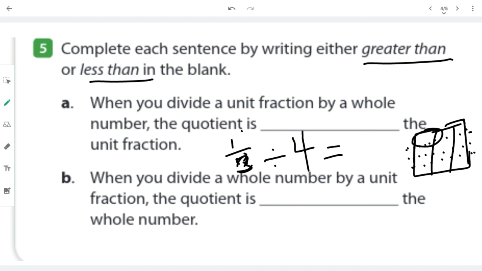You're going to do the same thing for letter B. When you divide a whole number by a unit fraction, the quotient is, and fill in the blank. So this time, what if the 4 was in front? What would happen? Would the quotient be larger or less than? Would it be greater than or less than 4?